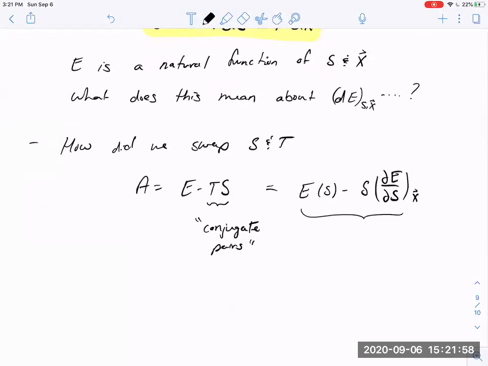This formulation, defining a function in this specific way, is a mathematical operation that has a name. Does anyone know what that name is? It's known as a Legendre transform.